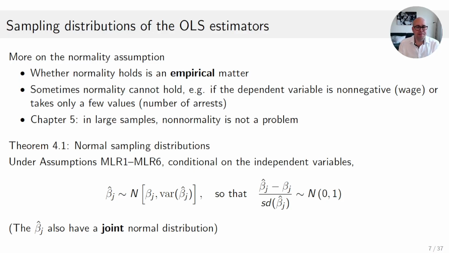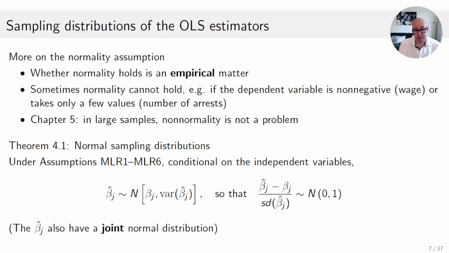Okay. What I want you to do here is to think of this as an assumption that may or may not hold approximately, that we can test whether that's the case, and this is going to be very helpful for developing all these results. And later in chapter 5, we're actually going to see that it really does not have to hold in our data, so we don't actually have to assume this.